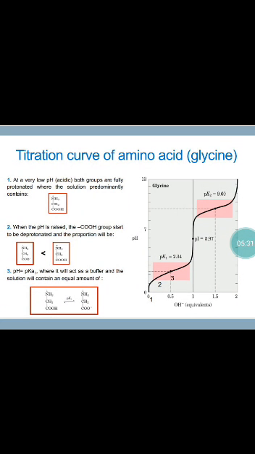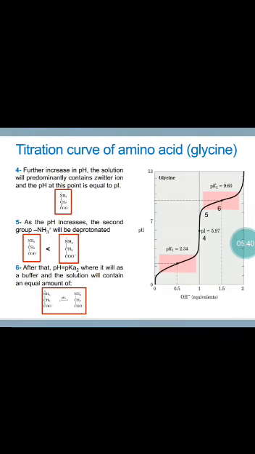At pH equal to pK1, it will act as a buffer and the solution will contain an equal amount of both forms. With further increase in pH, the solution will predominantly contain the zwitterion and the pH at this point is equal to pI. As the pH increases, the second group, NH3 plus, will be deprotonated. After that, pH is equal to pK2, where it will act as a buffer and the solution will contain an equal amount.